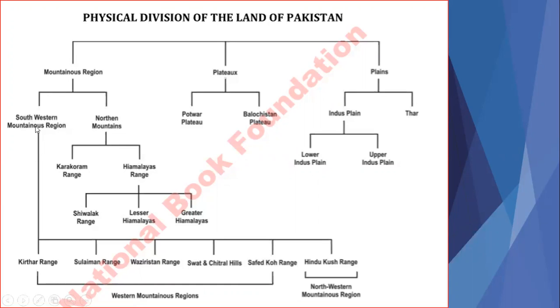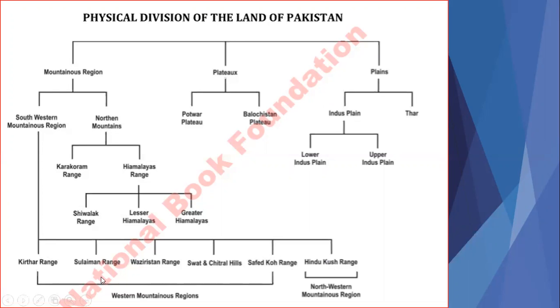Now the further division of the southwestern mountainous region: number one, Kirthar range, number two, Suleiman range, number three, Waziristan range, Swat and Chitral hills, Safed Koh range, and last, Hindu Kush range.